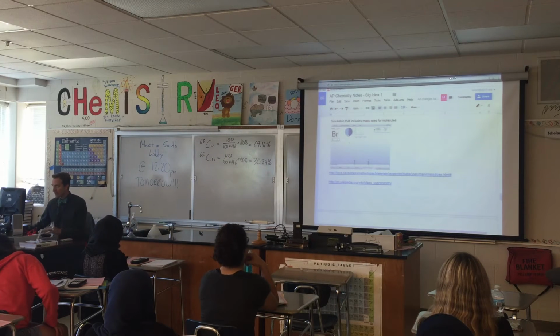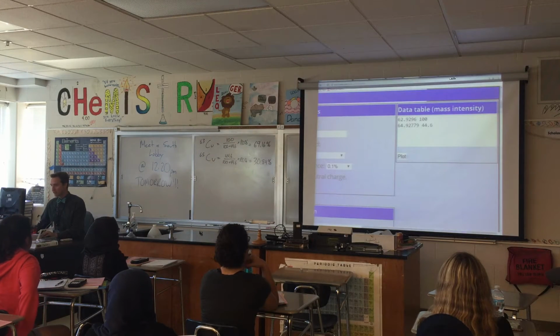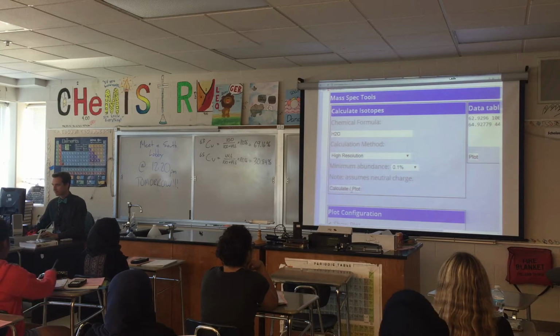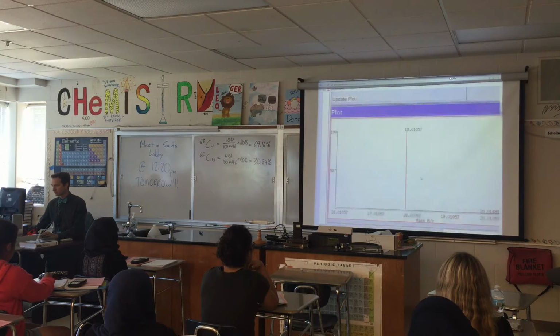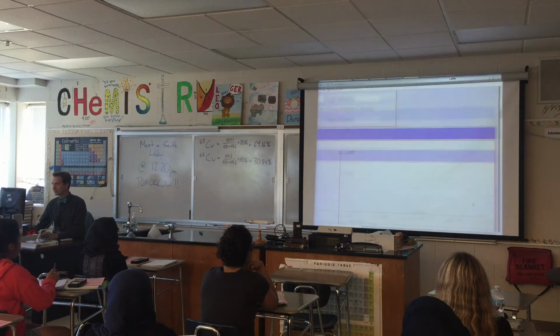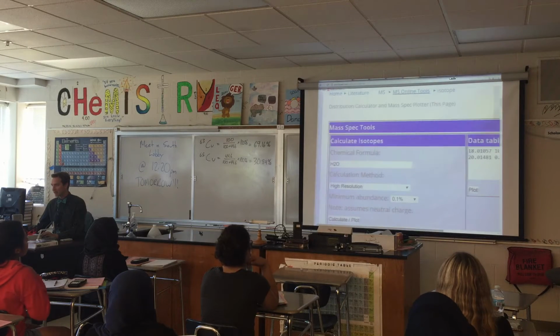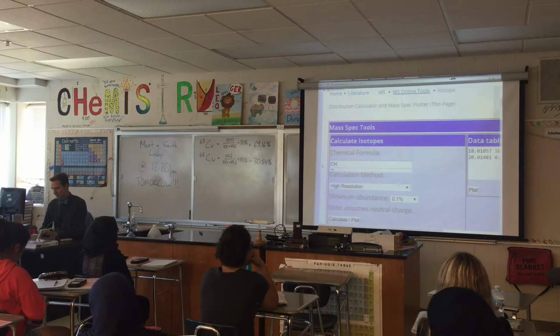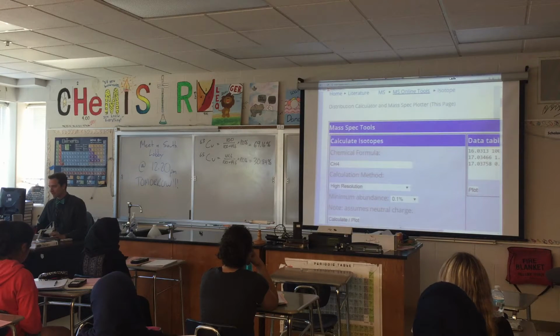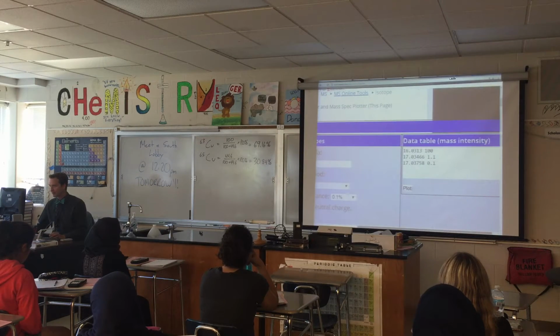So if we go back to our mass spectrometer simulation, even if I run a simple compound like H2O through here, we only see two major peaks. Let's look at CH4. I see three peaks.